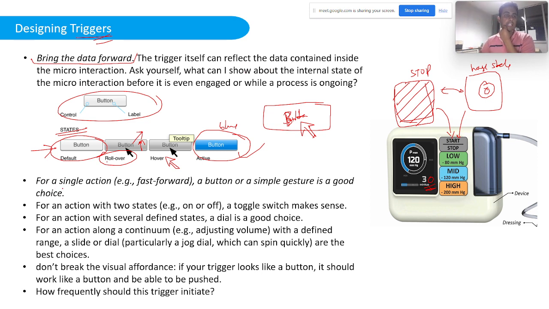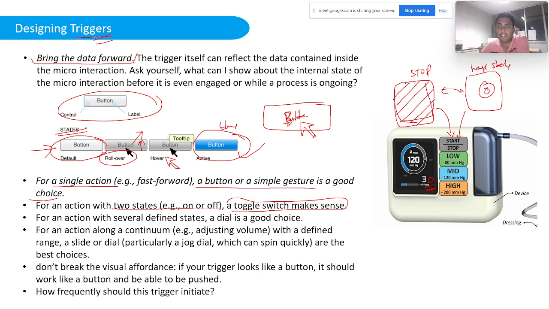Some examples: for a single action, a single button can be used. For example, if you want to just increase the volume, or if you want to fast forward, a button or a simple gesture is a good choice. Similarly, if your action has two states, for example on and off, start and stop, what you can have is a toggle switch.